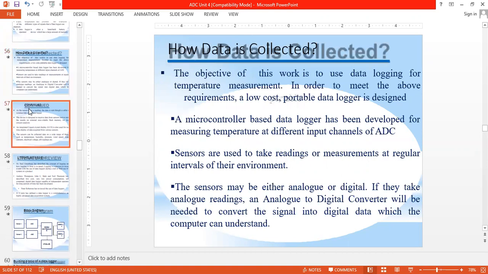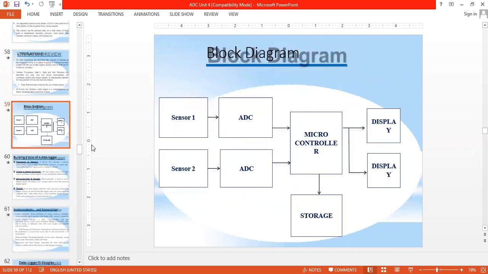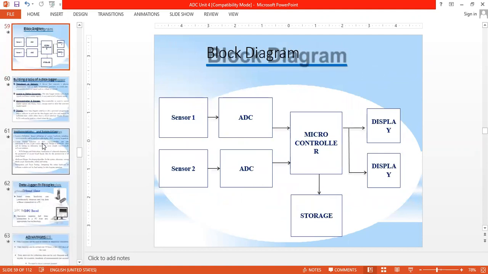Okay, so this is the block diagram for the data logger. There is sensor 1, sensor 2, microcontroller, display, and storage. That means for a system, we have a large number of sensors.